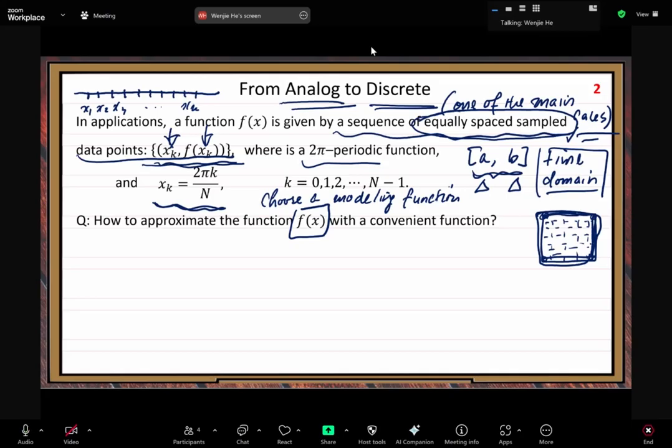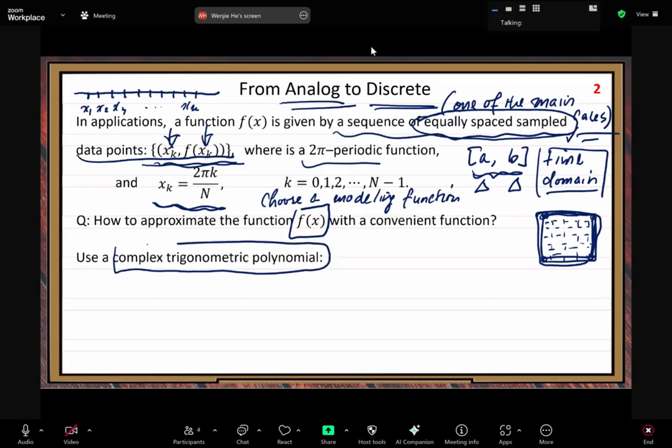Use a complex trigonometric polynomial. So what special function do we want to use? We use complex trigonometric polynomials, not real ones.